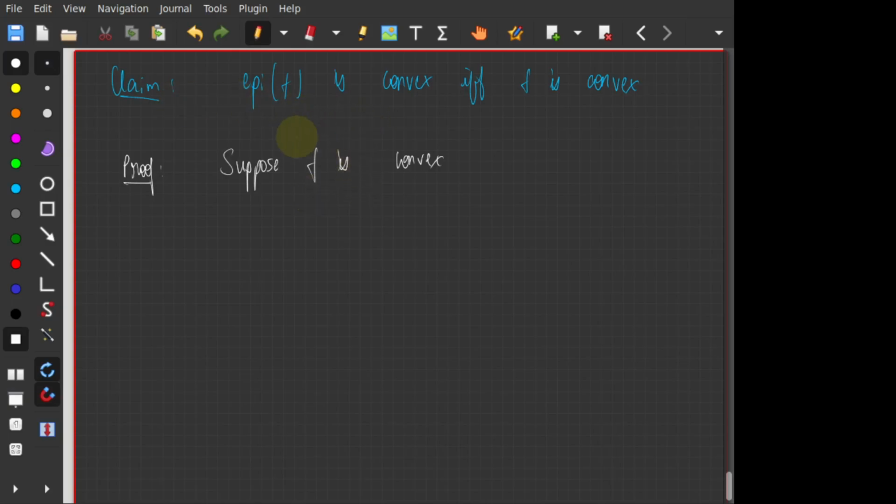So suppose that f is convex. You want to prove that the epigraph is convex. So take any 2 points in the epigraph. Pick an (x1, t1) and (x2, t2) that lie in the epigraph.